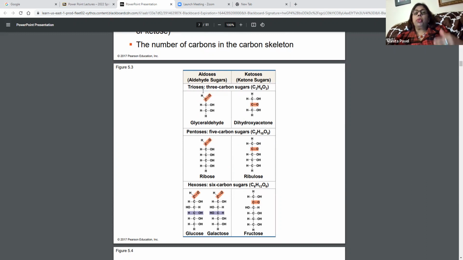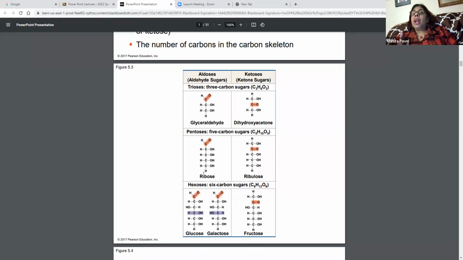Now, what are the trioses? Tri comes from the word three. So there are 3 carbon sugars, C3H6O3. 5 carbon sugars would be the pentoses, hexoses, 6 carbon sugars. So glucose, galactose, fructose, all what I just gave you were the monosaccharides. Now, ribose, it's important to remember this term when we talk RNA.